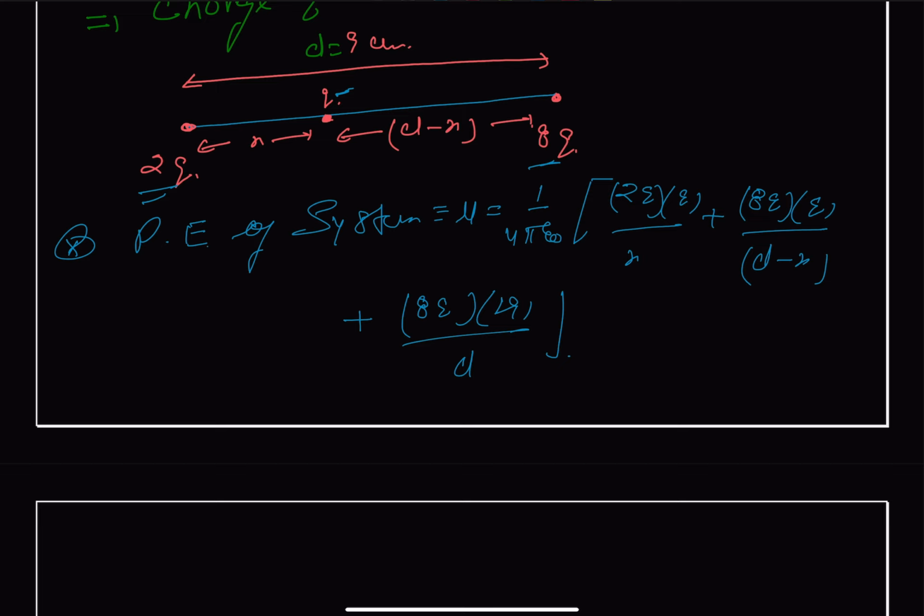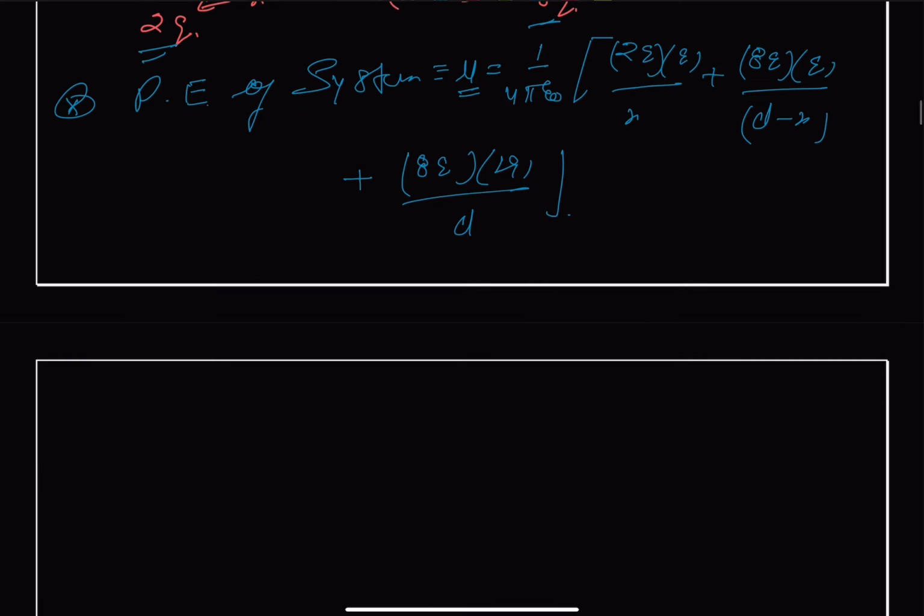And we need that this U should be minimum. Therefore, we can say its derivative should be equal to 0. So we can say U should be minimum, or we can say dU by dx should be equal to 0.